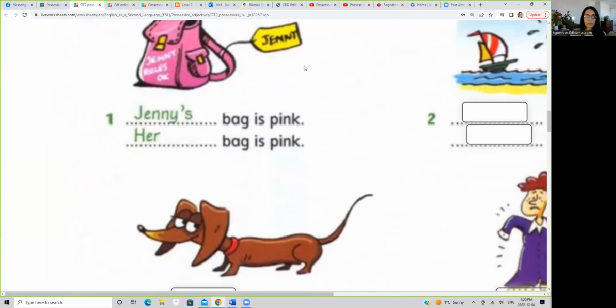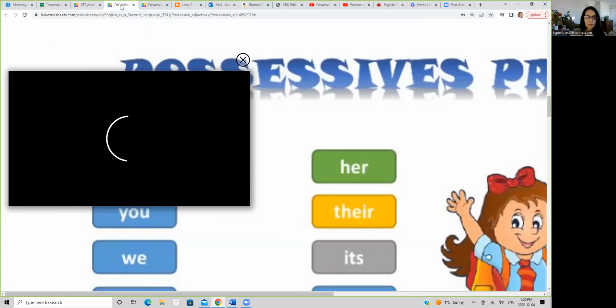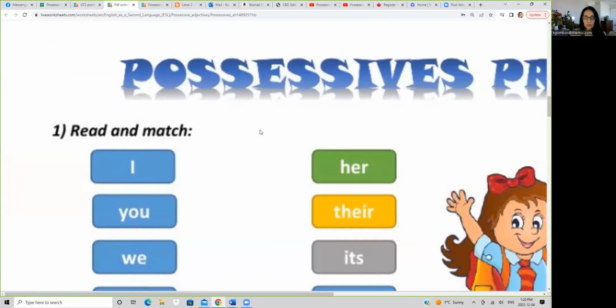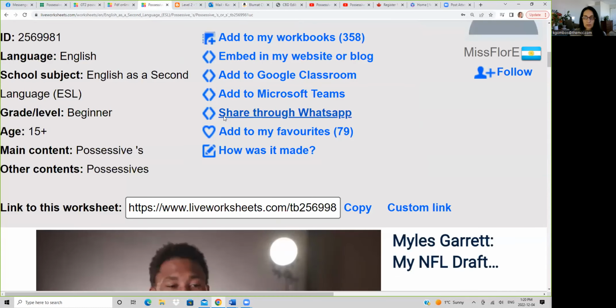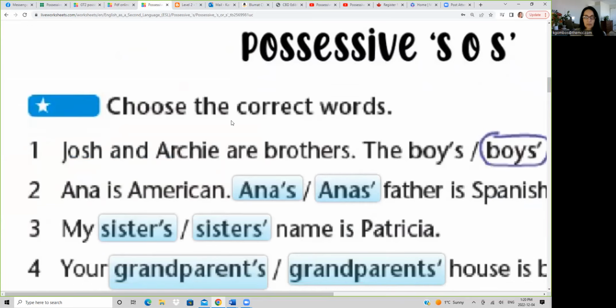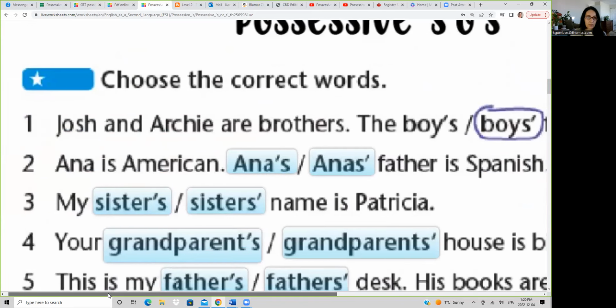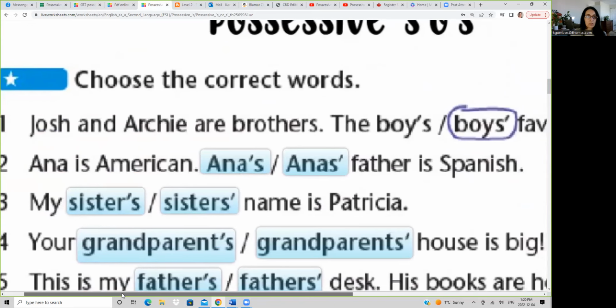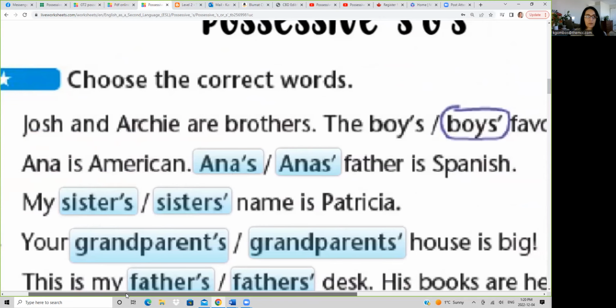So this is Jenny's bag. Because Jenny is a she, it will be her. Okay, let's see this one together. I will just show you and then you can try that.